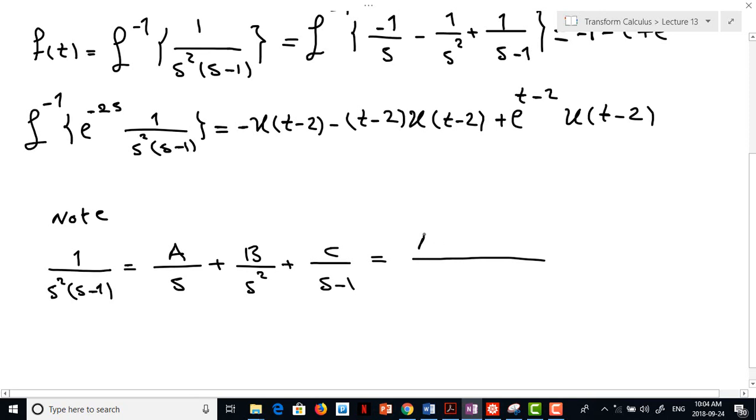Then if we add the fractions together, we have a times (s minus 1) plus b times (s minus 1) plus c times s squared, over s squared times (s minus 1).